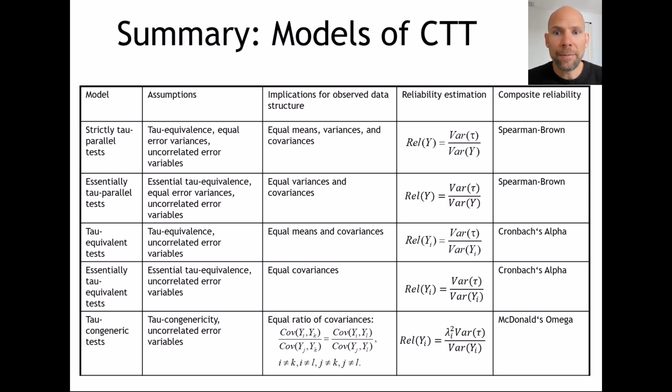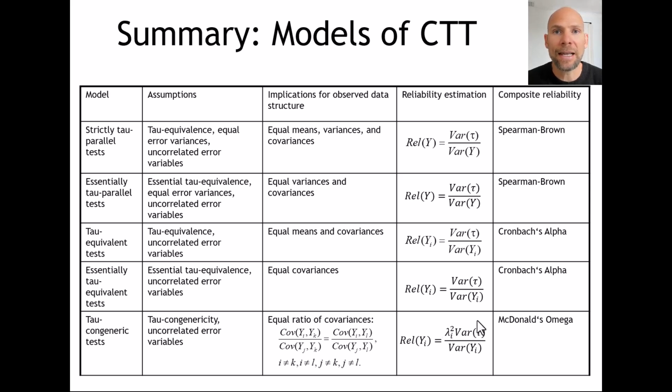In terms of reliability estimation, the 5 models use almost all the same equation for estimating reliability as the ratio of common true score variance, variance tau, divided by total variance, variance y. However, notice that in the congeneric model, the equation is a little bit different because you have the factor loading, lambda i squared here as well in the numerator.